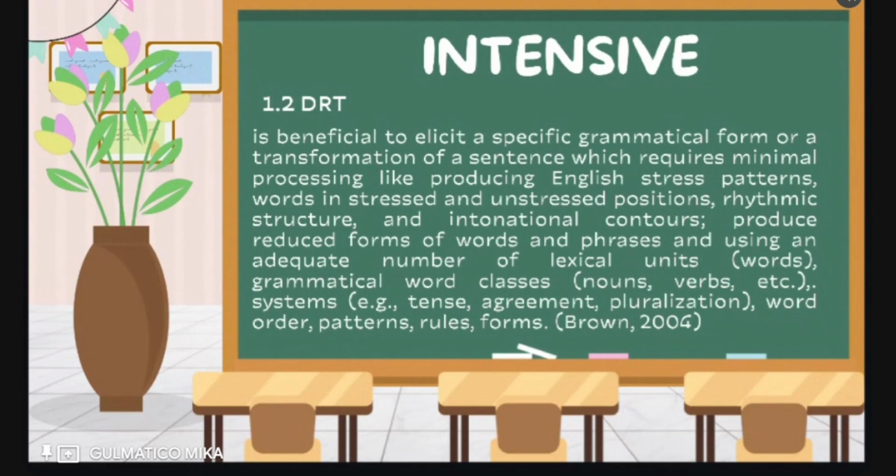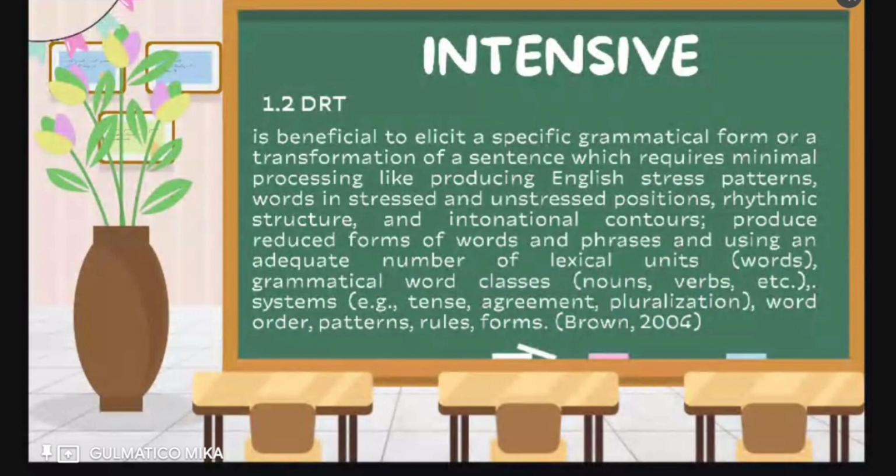Like you are learning how to use stress and unstress when you speak in English. You produce reduced forms of words and phrases, using an adequate number of lexical units or words.